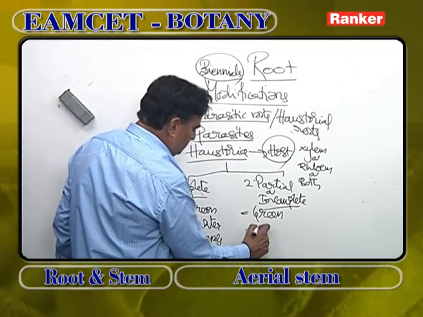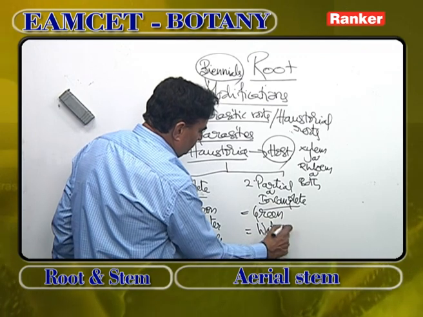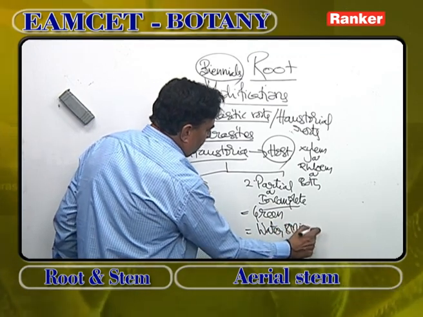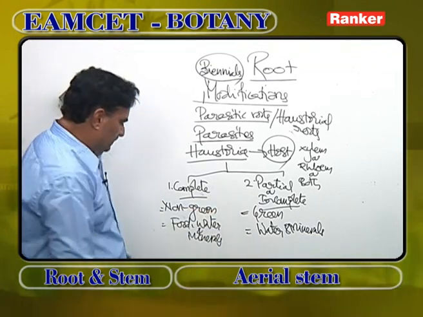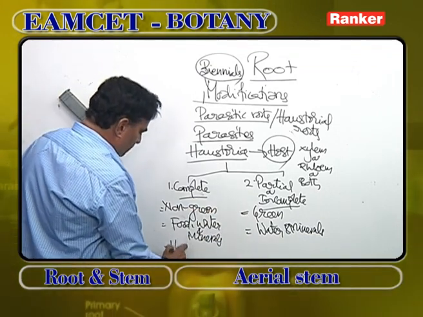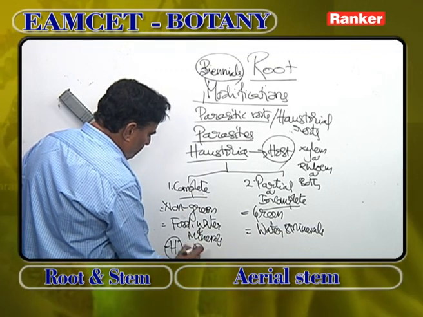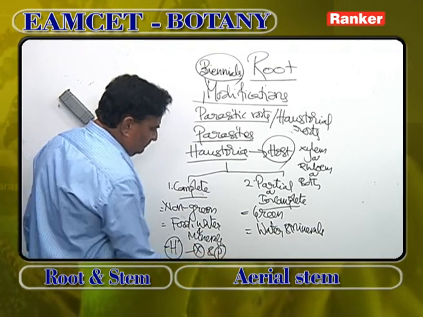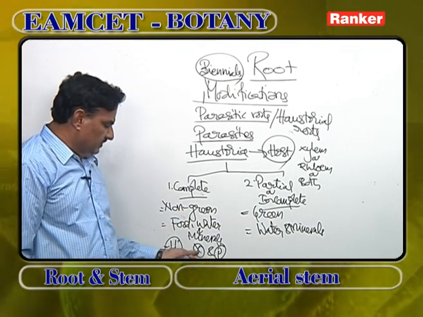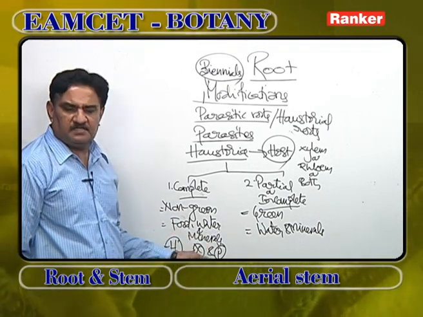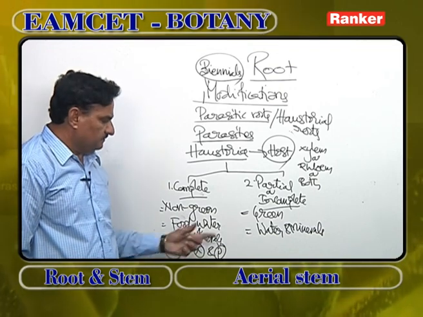Partial parasites take only water and minerals from the host. Why? Because they are green in color, they can synthesize their own food matter. So, in a complete parasite, haustoria are connected to both xylem and phloem. This is important. From xylem they get water and minerals, from phloem they get food matter.